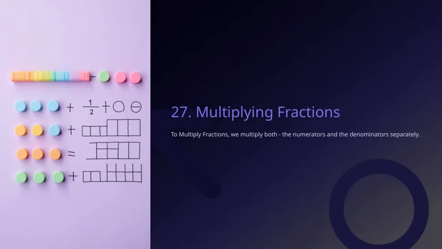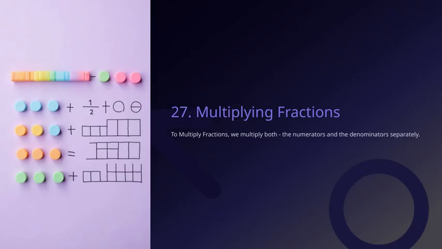All right, let's talk about multiplying fractions. When you're multiplying two fractions, the process is quite straightforward. You simply multiply the numerators together and then multiply the denominators together. Think of it as combining the parts of each fraction to find the total.